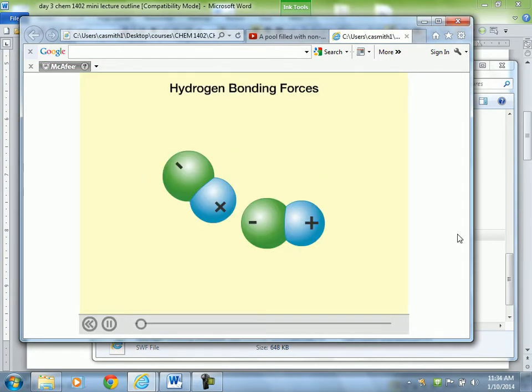Some polar molecules have unusually strong intermolecular attractions called hydrogen bonding. These attractions occur in molecules where hydrogen is bonded to fluorine, oxygen, or nitrogen. The interaction occurs between the hydrogen of one molecule and an unshared electron pair on the more electronegative element in another molecule.